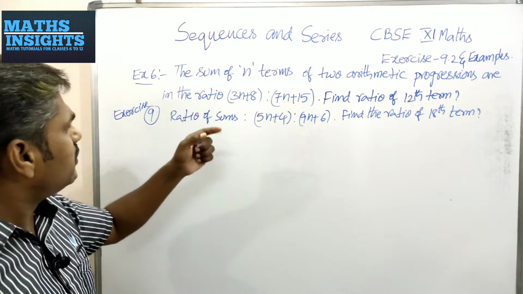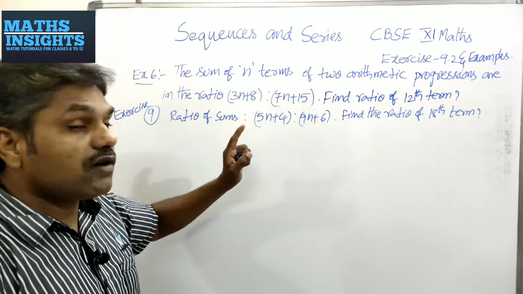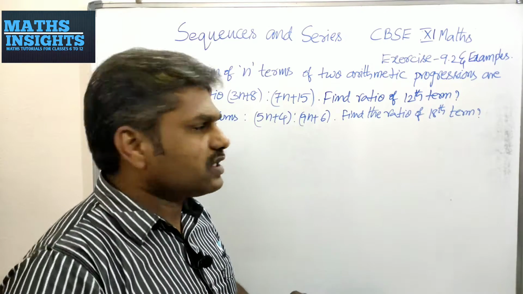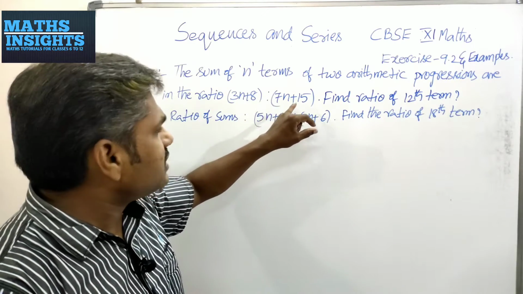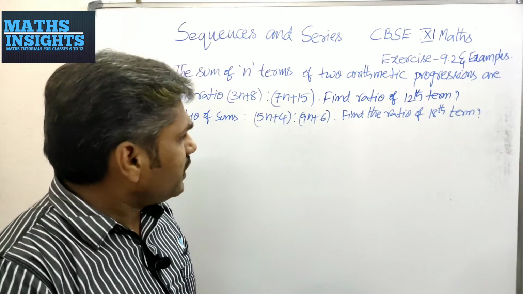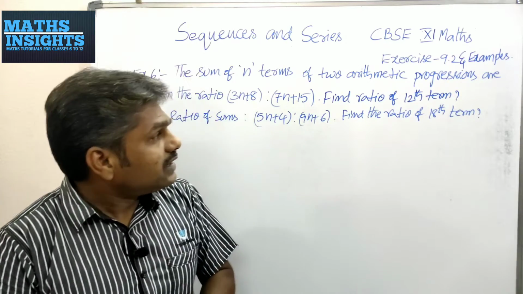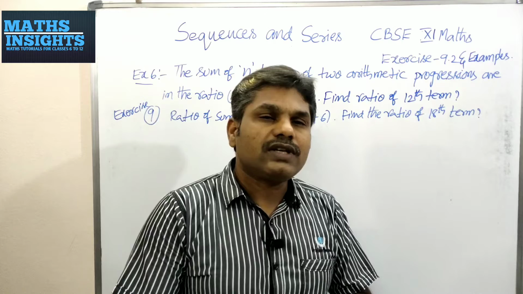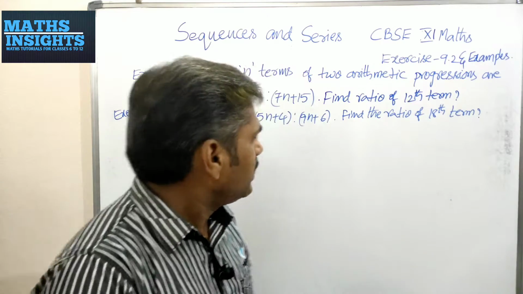Now, coming to problem number 6, they have given the ratio of the sums of two arithmetic progressions. See, this ratio is 3n plus 8 is to 7n plus 15. By giving this ratio, they are asking for the ratio of the 12th terms of the respective progressions. It's very easy.